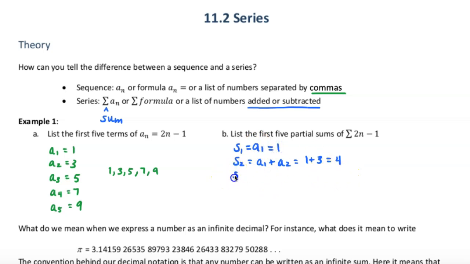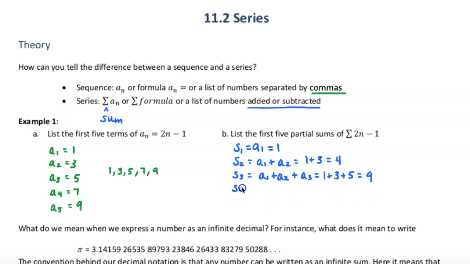Now for S3. In the same way, this is A1 plus A2 plus A3, which is 1 plus 3 plus 5, and I know this is 9.